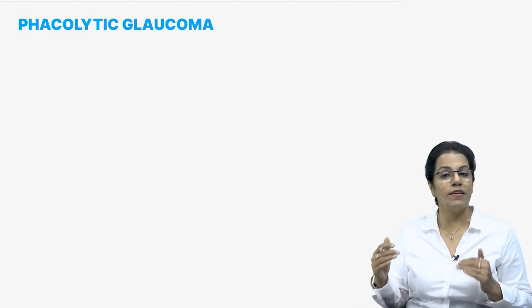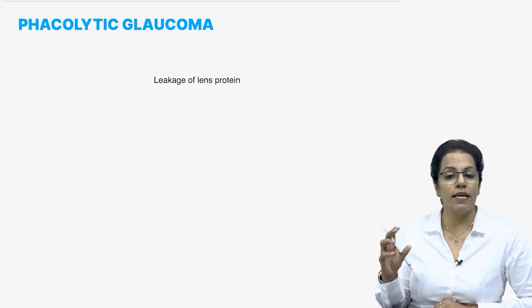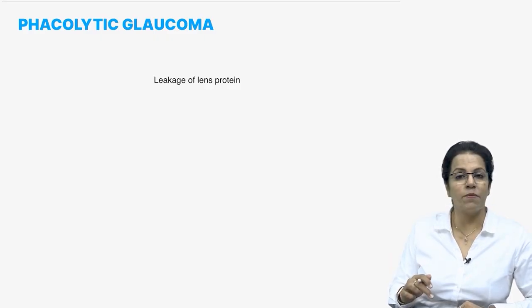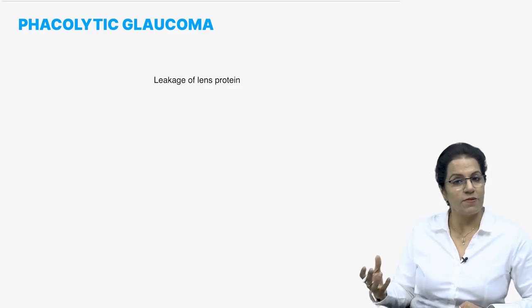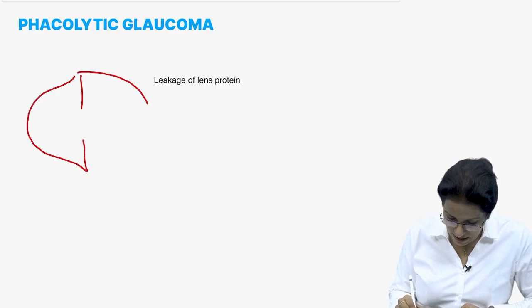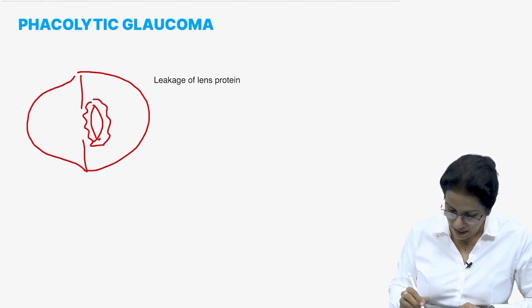So, what is phacolytic? Phacolytic is the leakage of lens proteins. What is happening in hypermature stage? Wrinkling of capsule, liquefaction of cortex. We have learned this. Let's draw a diagram to understand that because of all this, if this is the wrinkling of the capsule, there is going to be leakage of lens protein into the aqueous.